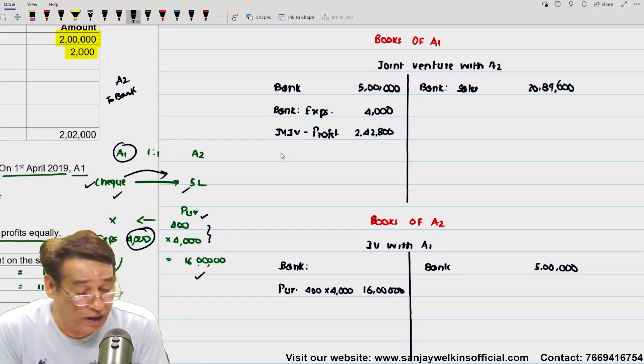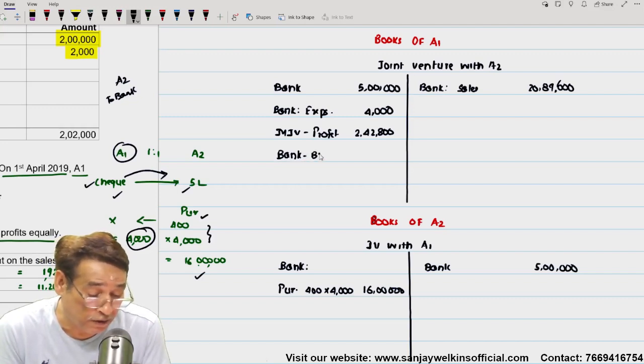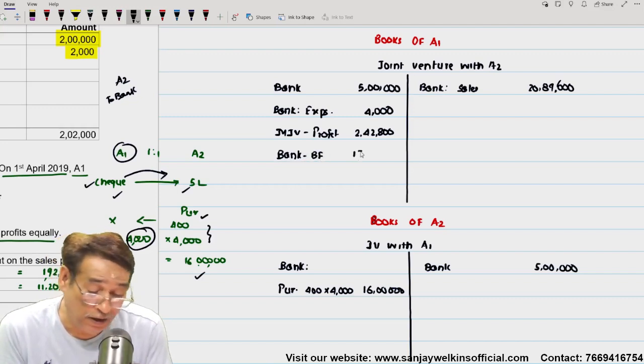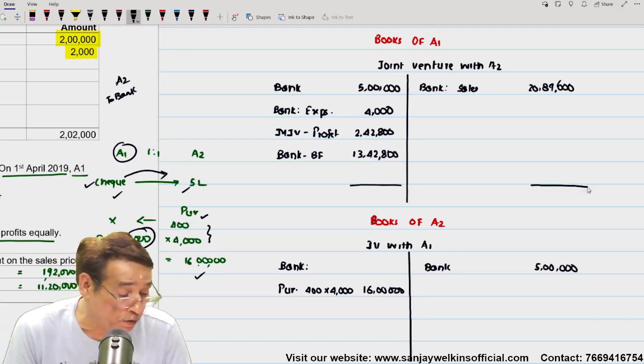So ultimately this time A1 will pay to bank, balancing figure, 13,42,800. This is how we are going to prepare this particular account.